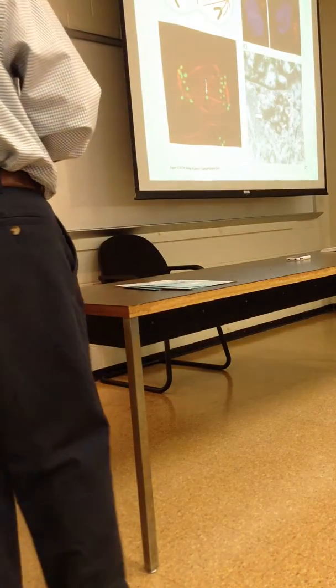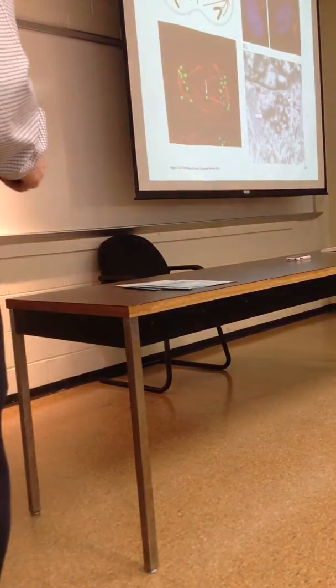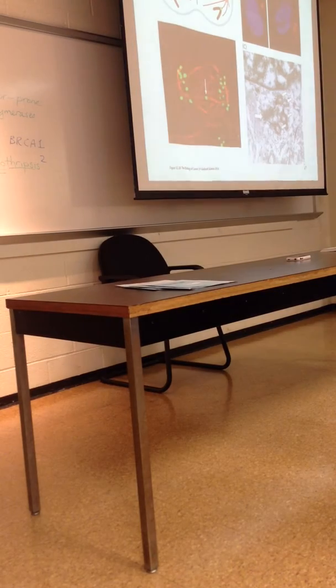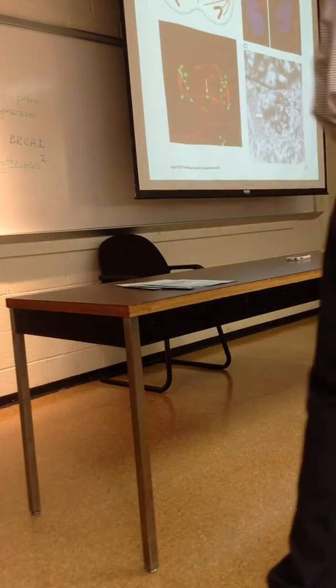And then these last couple of slides are showing another side to all of this that I don't think we often think about, which is mutations in genes that are coding for aspects of cell division itself, genes that code for pieces of the mitotic spindle. So think about that.